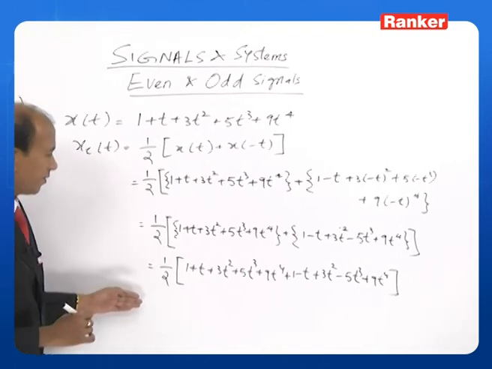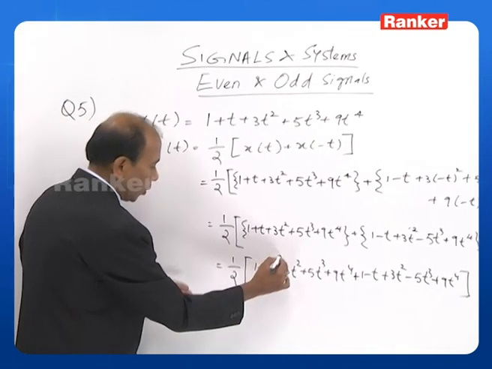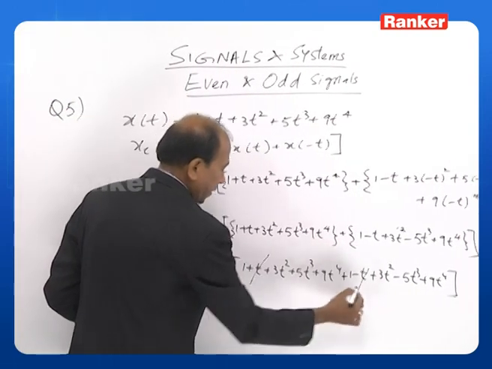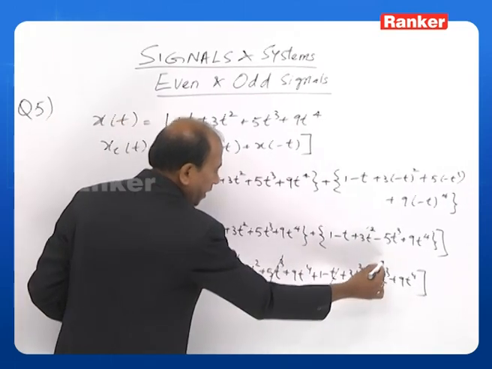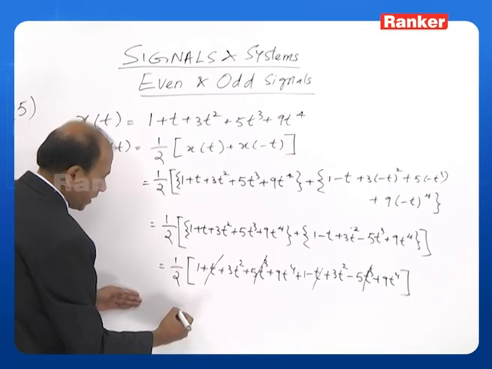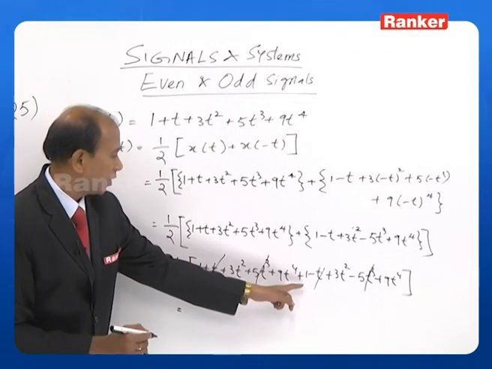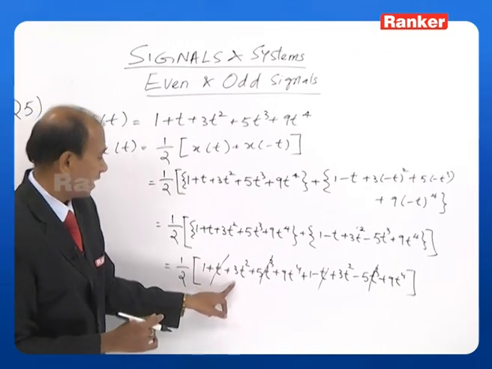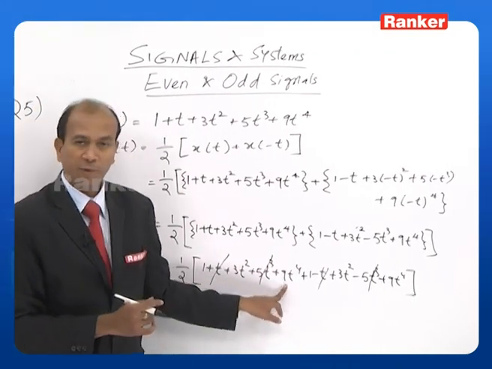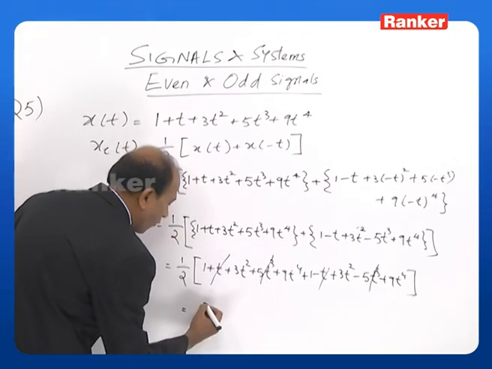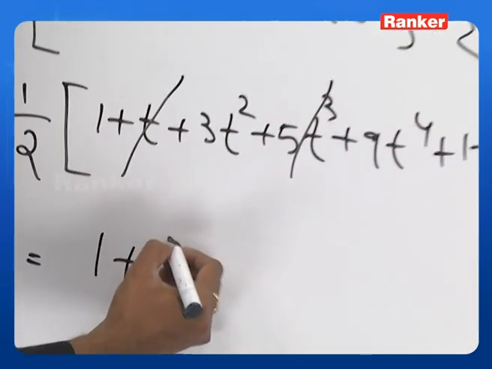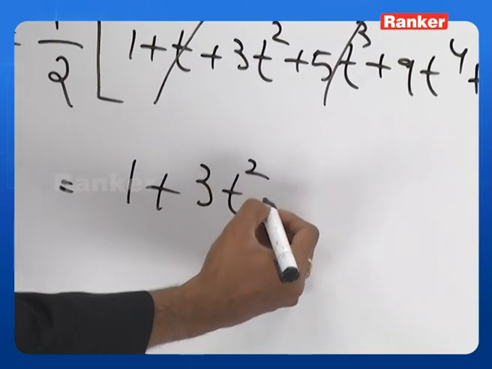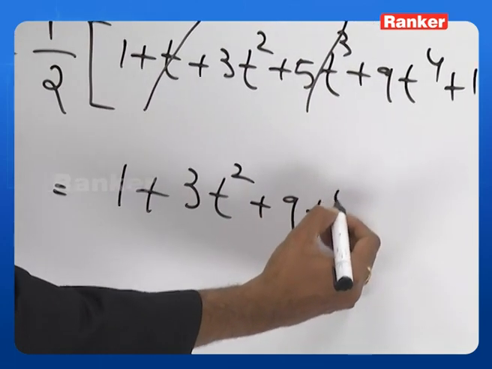Okay. Now, if you see, we can add this. So, this is gone, this is also not there now. So, I will get 1 plus 1 is 2, 2 plus 6t square plus 18t to the power 4. So, it will be a simple 1 plus 3t square plus 9t to the power 4.